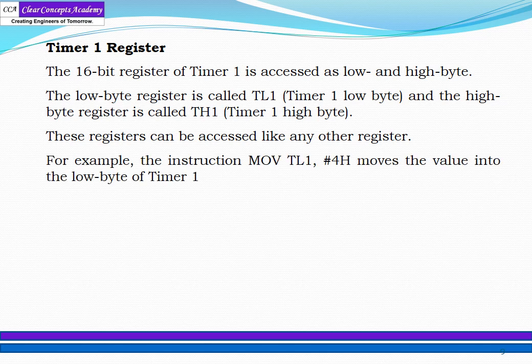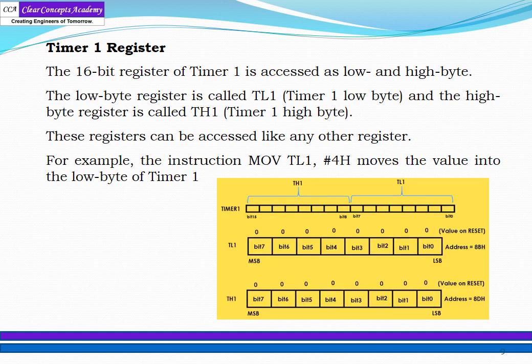For example, the instruction MOV TL1, #4H. This moves 4H to the low byte of timer 1. This is the lower byte of timer 1 and this is the higher byte of timer 1. This is 8 bit, this is 8 bit. That's it. These timer registers are 16-bit registers.